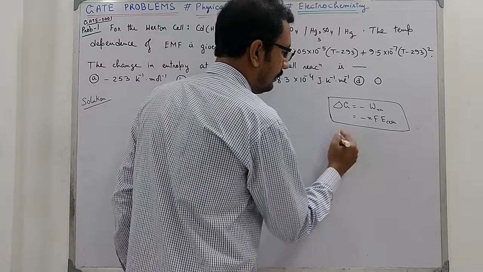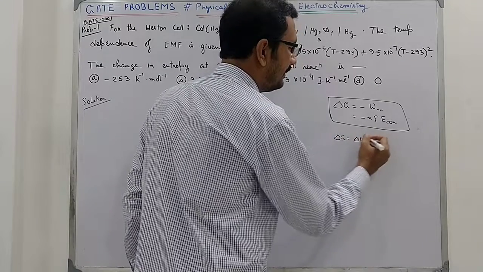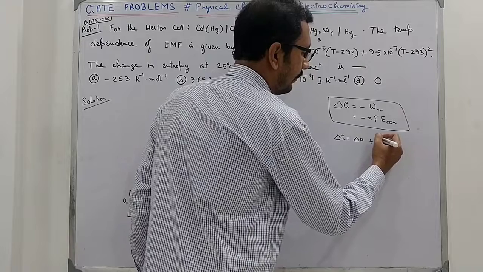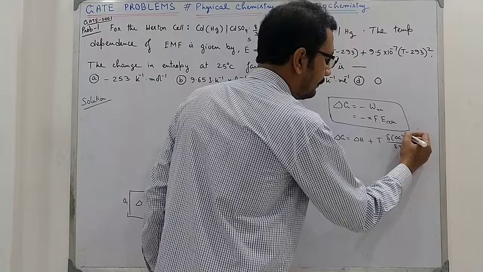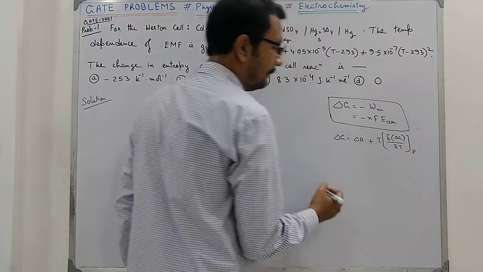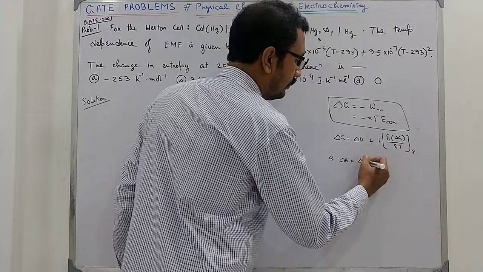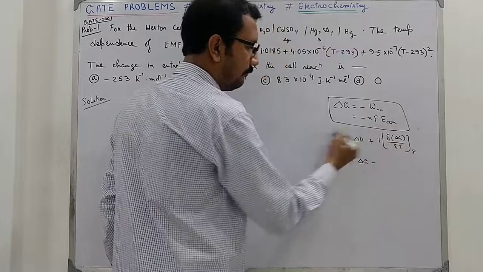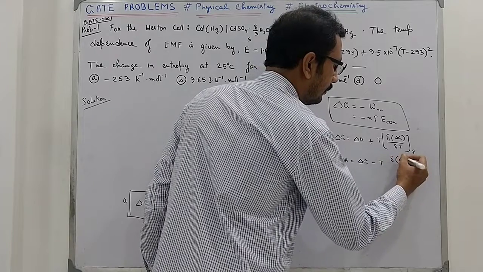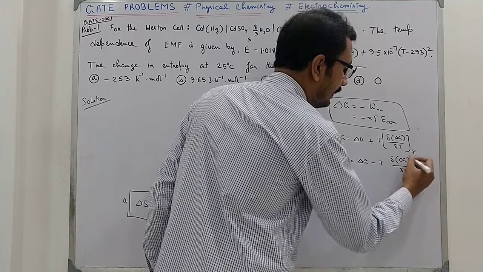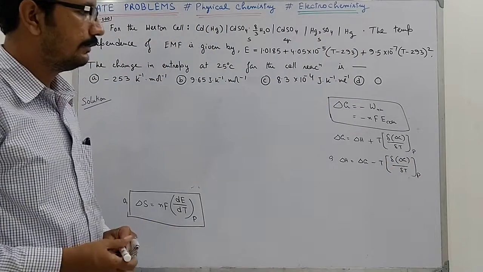See, in the Gibbs-Helmholtz equation we have noticed that ΔG equals ΔH plus T (∂ΔG/∂T) at constant P, or ΔH equals ΔG minus, so we take this to the left hand side, T (∂ΔG/∂T) at constant P, right?